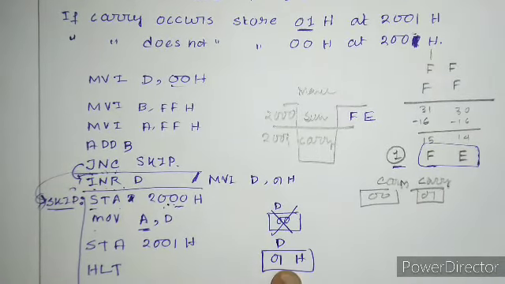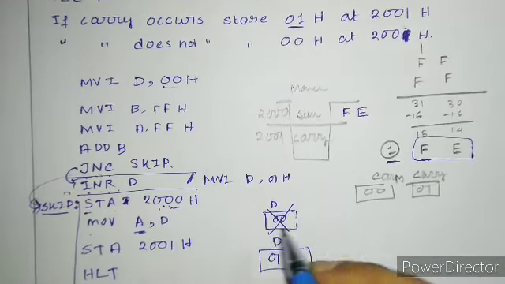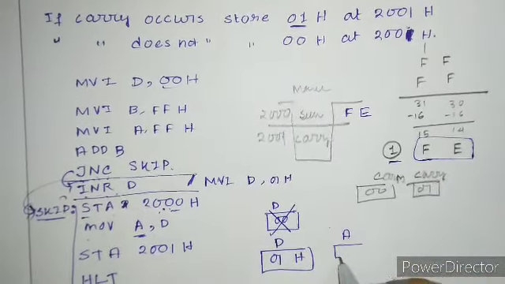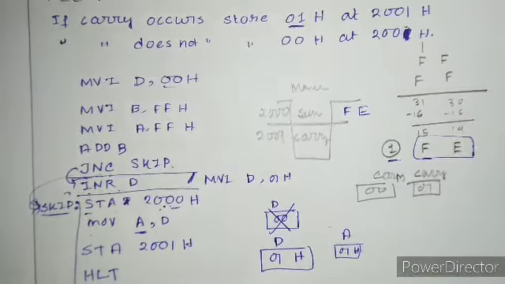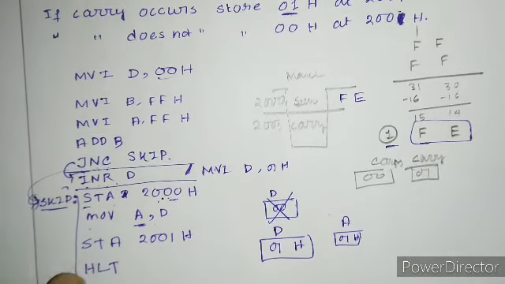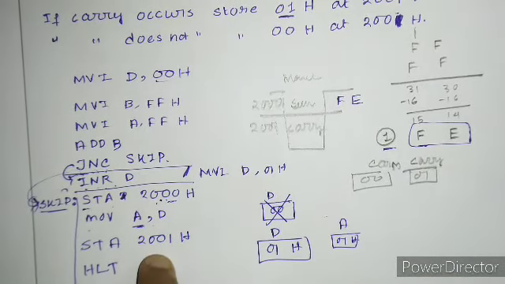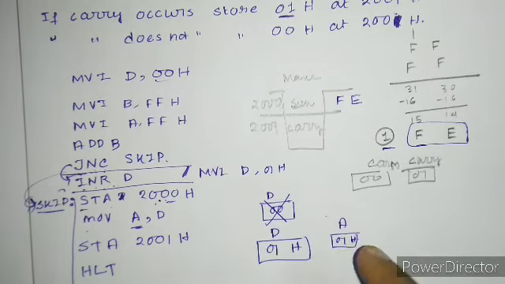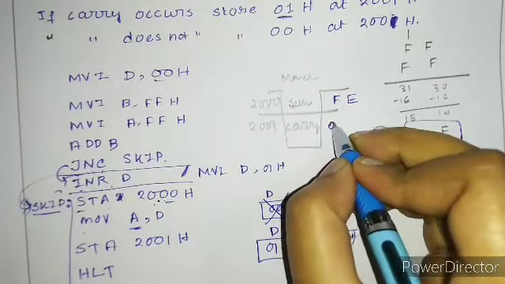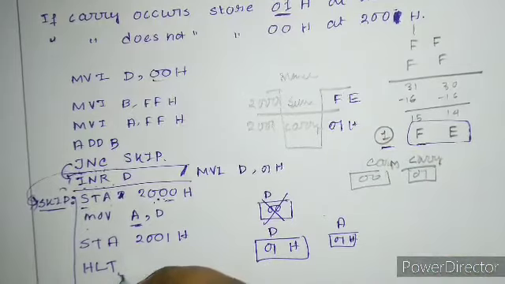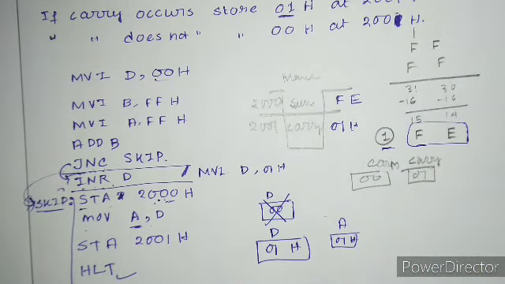It's 01. So now A will become 01H. The next instruction stores the accumulator at 2001. Now the value in the accumulator is 01, so store that at 2001 and end our program. Do you understand? Let's see that in our simulator.